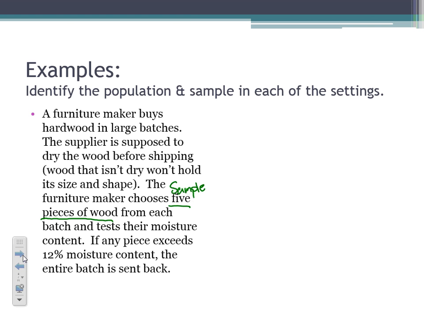So this entire batch would be our population. We're not studying every single piece of wood within the population. That would take this person a lot of time, and this person's job isn't to test the moisture content of wood, it's to build furniture. So the population, again, is that entire batch, and the sample would be the pieces of wood.